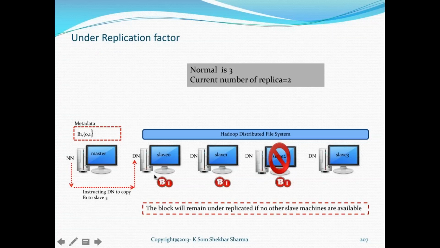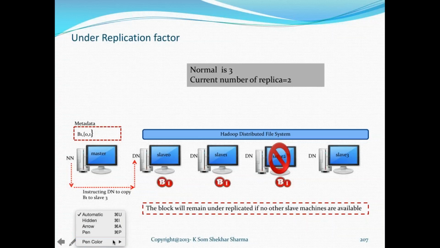The name node came to know that the machine has gone down and B1 is under replicated. So it will instruct one of the machines which has B1 to copy this block of data to some other machine, let's say 3.